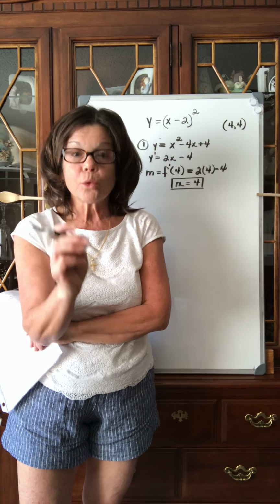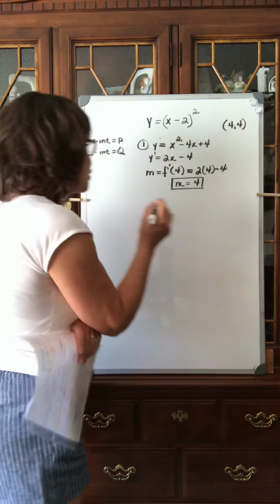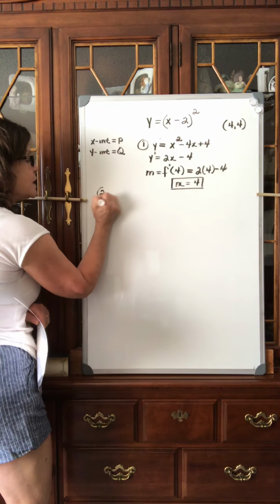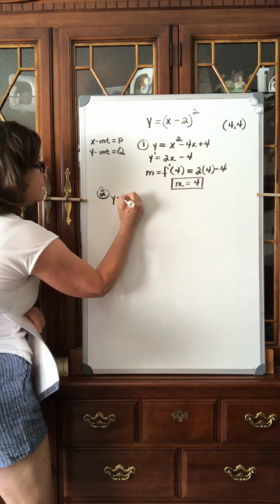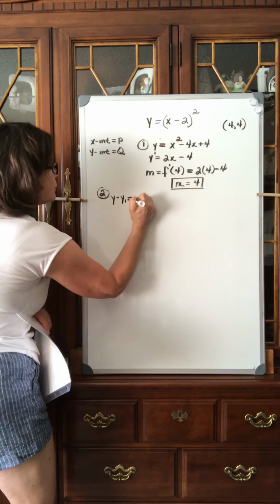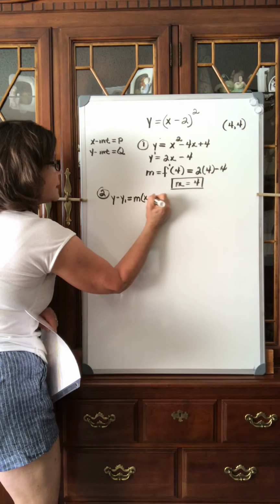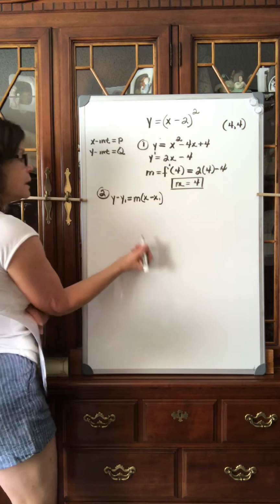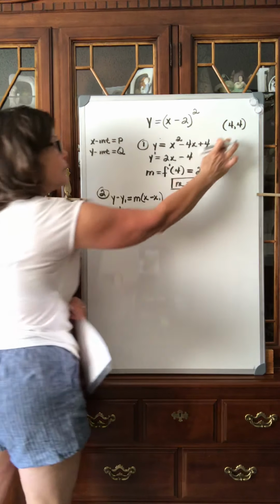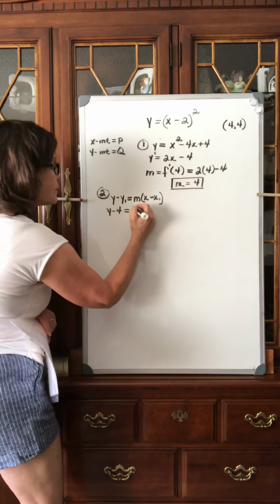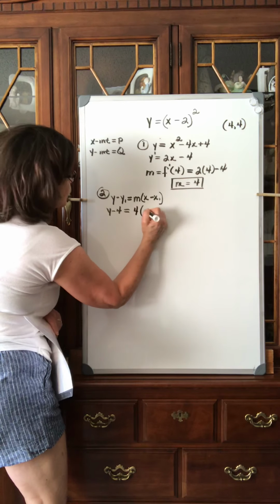Now I have to find the equation of the tangent line. That's going to be step 2. To find the equation of the tangent line, I need my point slope formula: y minus y1 is equal to m times x minus x1. y minus 4, the y value of the point is 4, the slope is 4, the x value of the point is also 4.